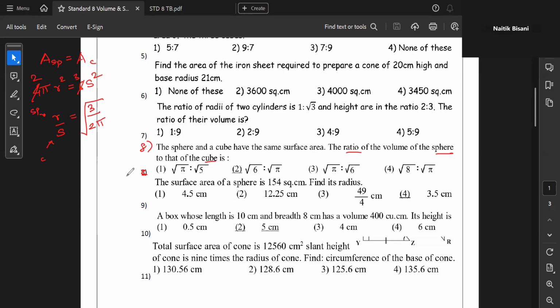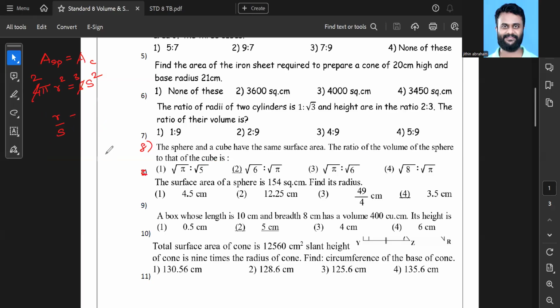Sir, I didn't understand how R on S is equal to 3 on 2 pi. Okay, so I'll do one thing. This is r square, I'll write r square over here. This is s square, I take it below. So r upon s the whole square.